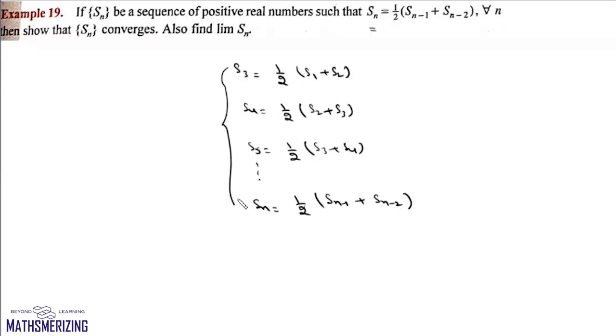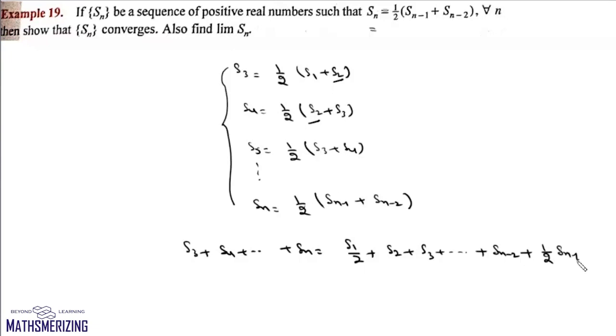If we add them all up, on the left hand side we'll get S3 plus S4 up to Sn. On the right, S1 by 2, now plus S2 by 2 plus S2 by 2, it will be simply S2. In the same way, it will be S3 plus up to Sn minus 2 plus 1 by 2 Sn minus 1. Now here S3, S4, all these terms will cancel.